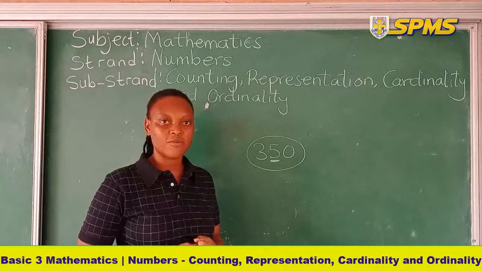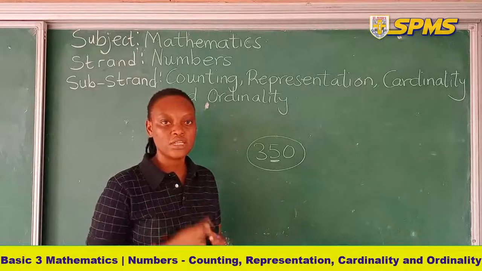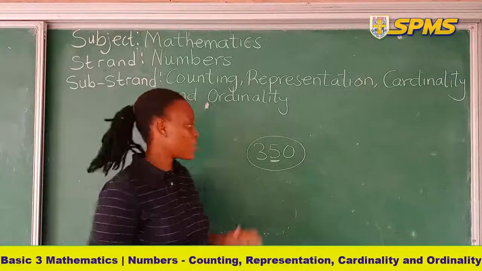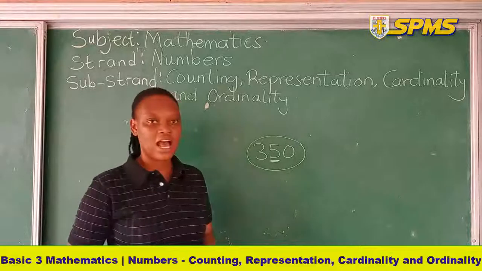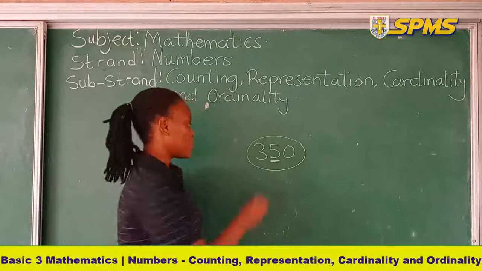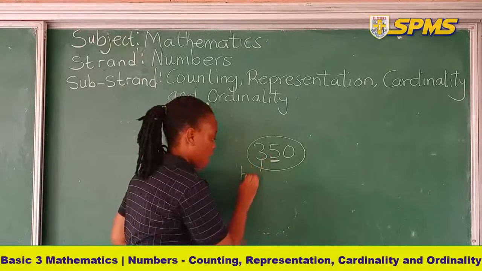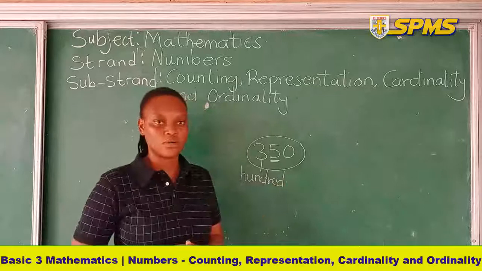Tens comes in the form of 2 numbers, and then ones comes in only 1. So we have 3 numbers on the board. So this shows us that our number is in the hundreds column. So the 3 becomes hundreds because it is in the hundreds column.